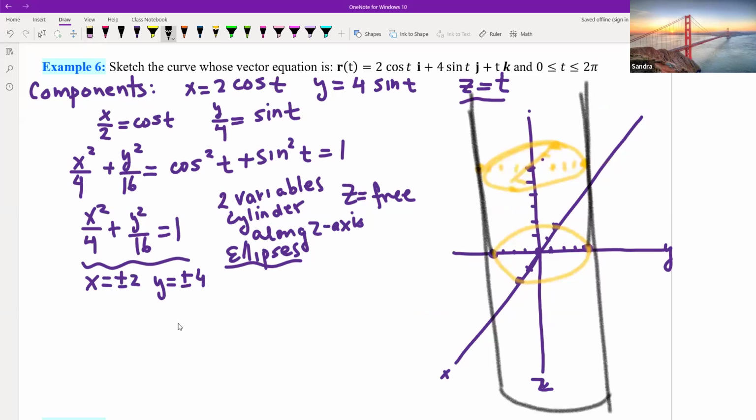And so then I have a bunch of ellipses right here. All right, now let's go ahead and move on to the orientation.